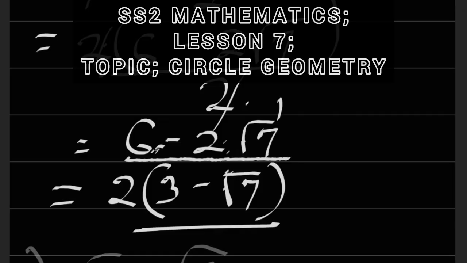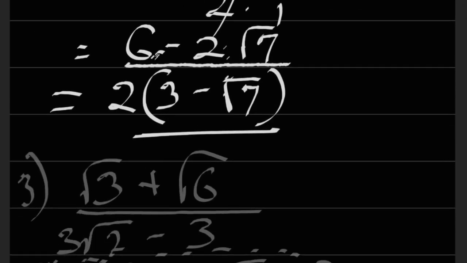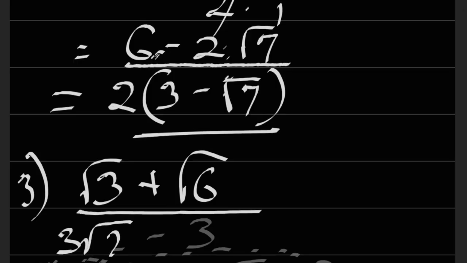Let's solve one more example before the work. Example 3. Root 3 plus root 6 all over 3 root 2 minus 3.